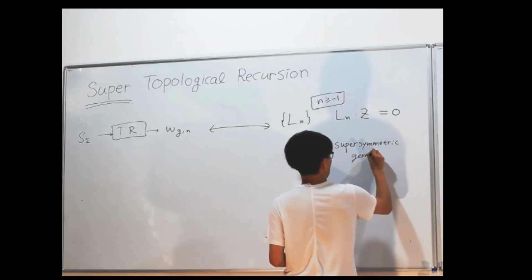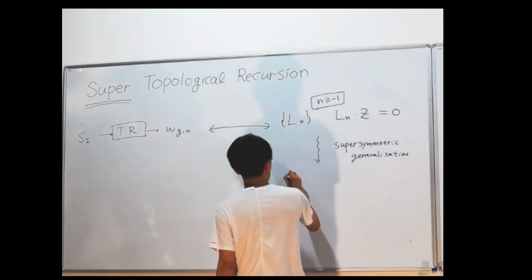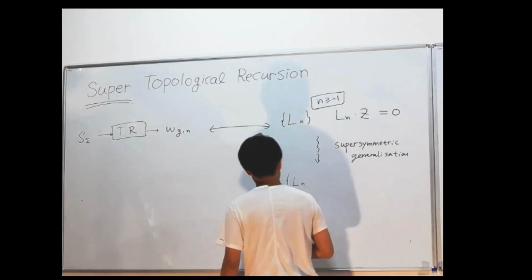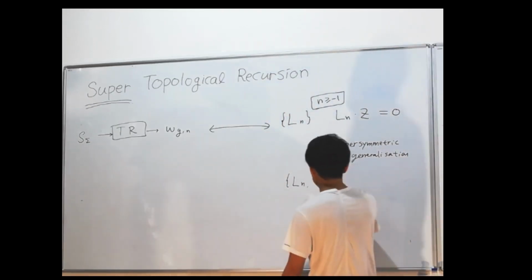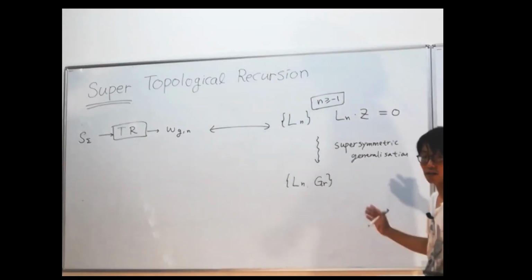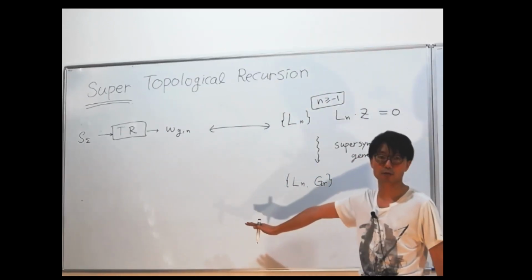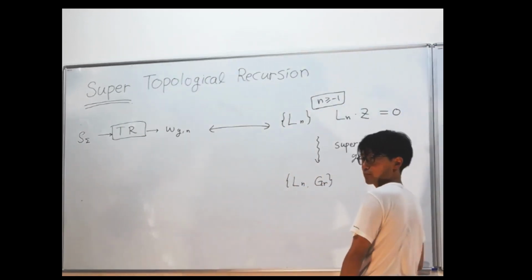supersymmetric generalization, meaning that now I prepare in a similar spirit, not just the Virasoro operator, but the super partner that satisfies the super Virasoro commutation relation that I just erased here. Okay?